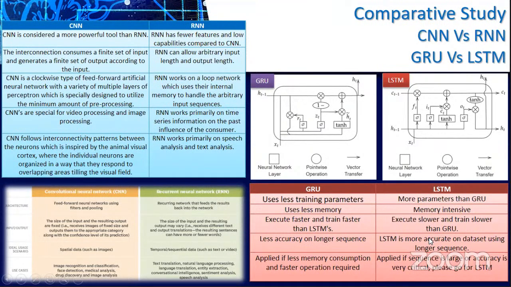LSTM has more accuracy. GRU will require less memory. LSTM will require longer memory, but the advantage is it can give you quick sequence learning, even if the sequence is very long, especially with respect to IDS and all. We have features where there are 100 plus or 200 plus features. There, LSTM is very efficient compared to GRU.